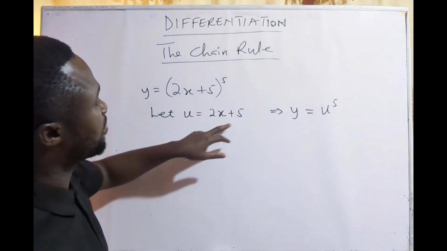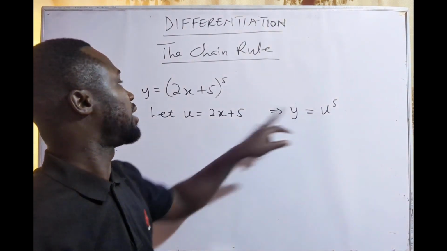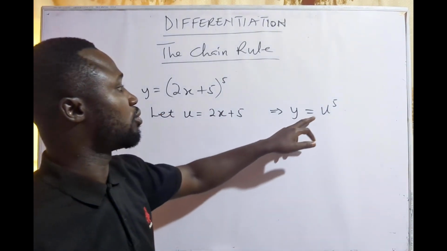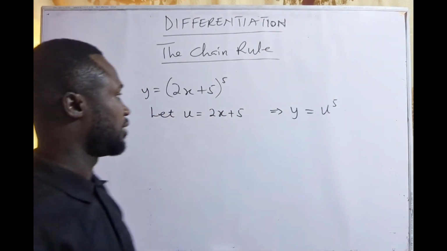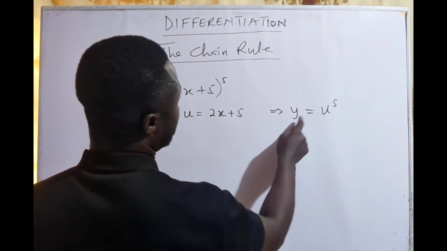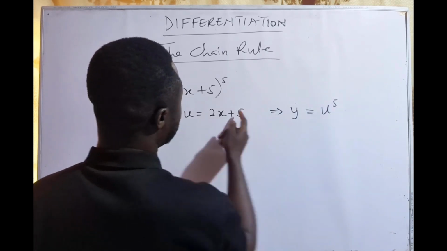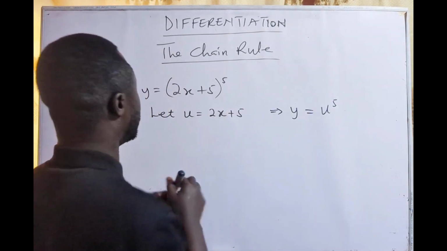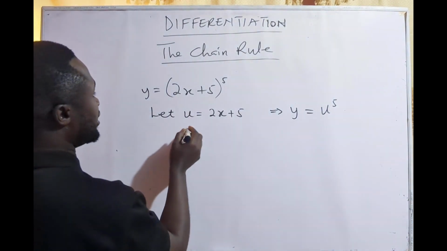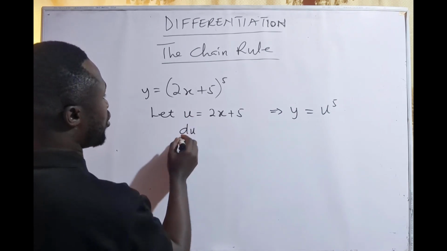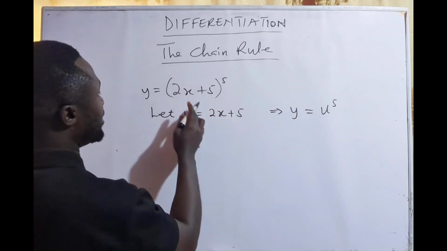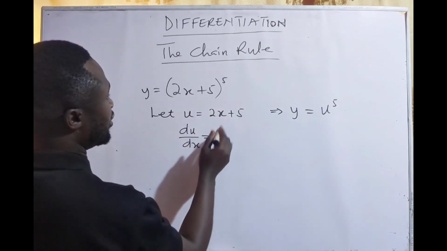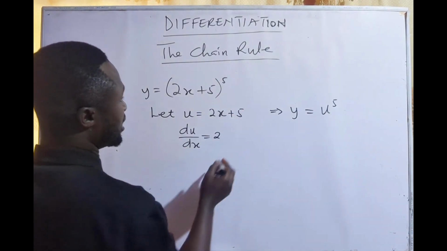I have taken 2x + 5 as one term, u, so my y will be equal to u exponent 5. I will differentiate this, then also differentiate that, and after that I'll multiply the two. When I differentiate u with respect to x, that will give me 2, and the 5 gives 0.